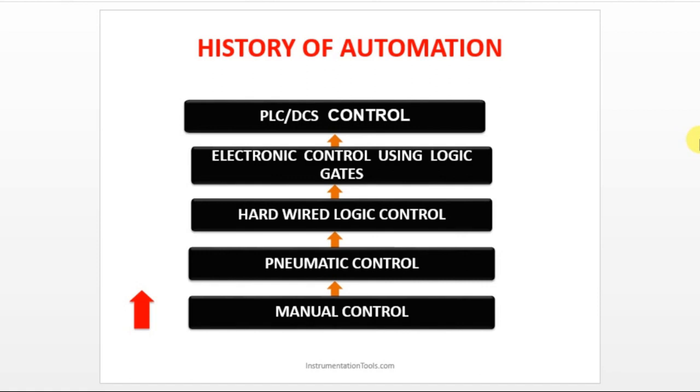If the temperature is getting low, you need to decrease the flow of water. So there was a time we used to control this system manually. The operator had to be near the boiler and continuously monitor the temperature indicator to get the value, and according to that he would change the flow of water. So there was a time we were controlling temperature using manual control.